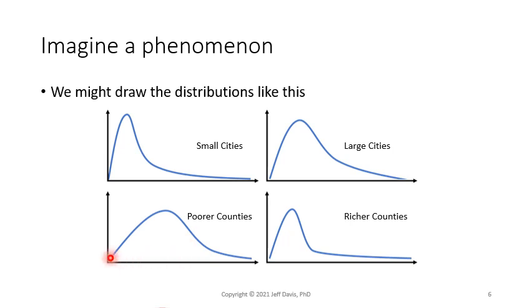So we get much more of a distribution of poorer counties across the higher crime rates, whereas richer counties are much more clustered down here at the low end. All right. So what you need to remember, folks, is that these distributions tell a story. Now you have to help the reader understand what that story is. Okay. And so that's what we're going to do.